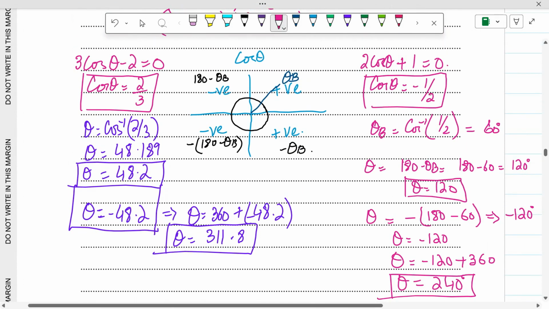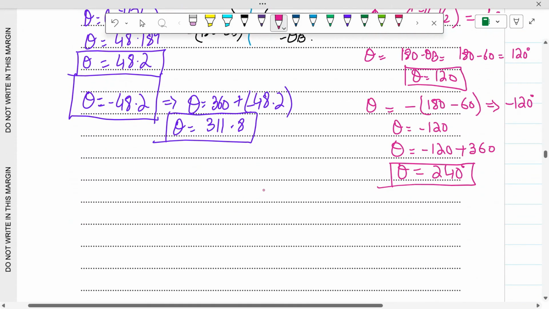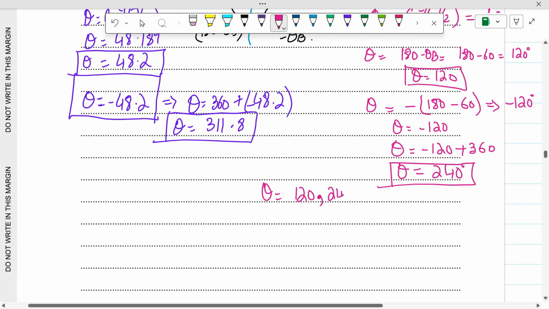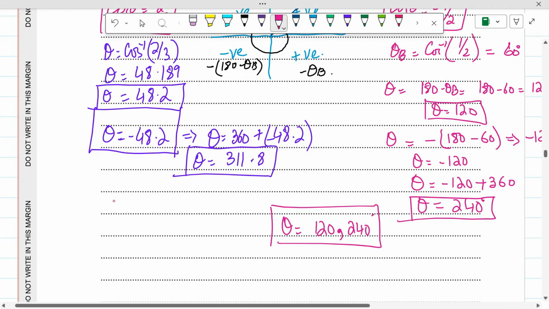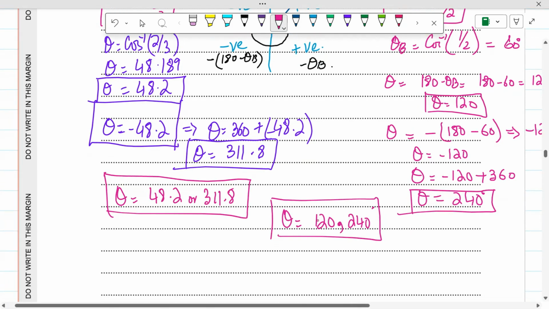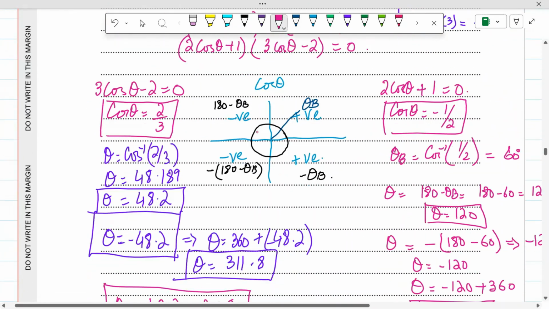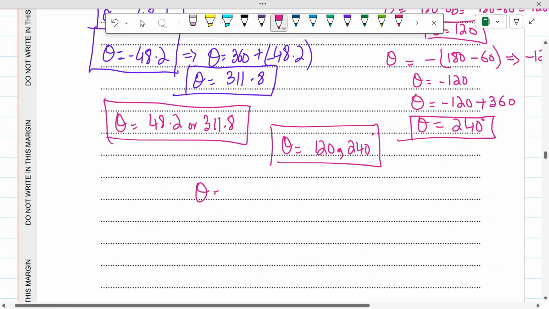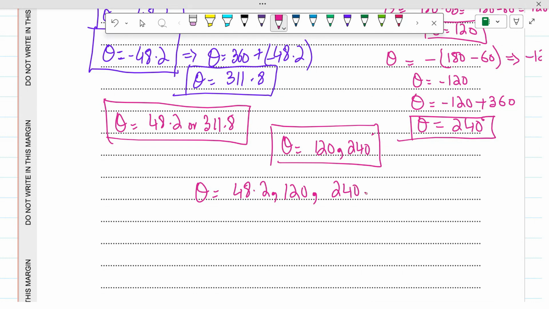So based on the value of negative half, theta will be equal to 120 or 240, and here theta is equal to 48.2 or 311.8. So we can say that this equation has four solutions, which are 48.2, 120, 240, and 311.8.